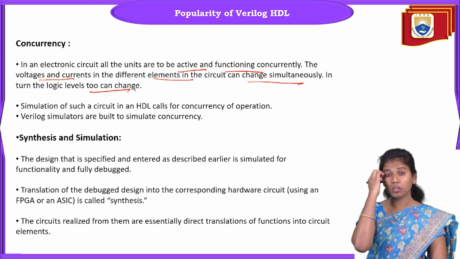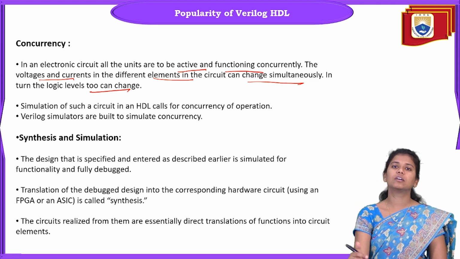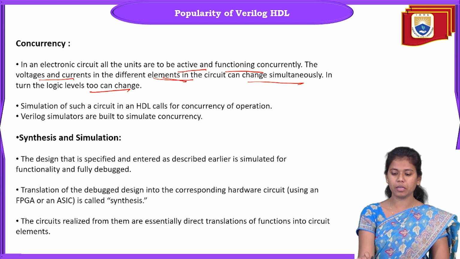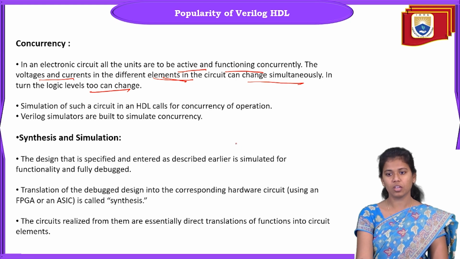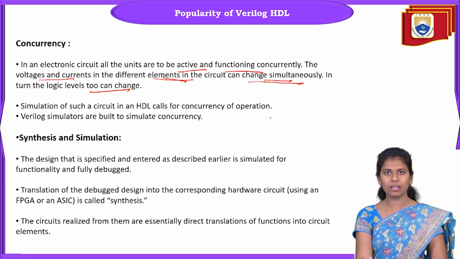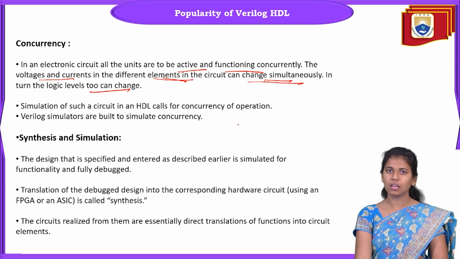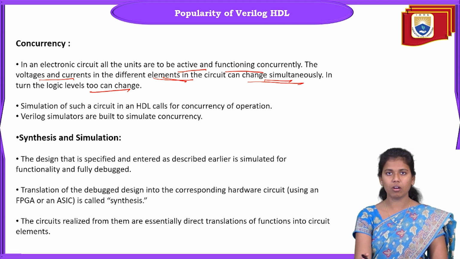So concurrency basically means the electronic devices which are in the active mode work concurrently, that is, parallelly, so that the voltages and currents in different elements in the circuits can change simultaneously. We are saying it is concurrency: the working of all the electronic devices can be seen parallelly. Concurrency is achieved in Verilog as an HDL.